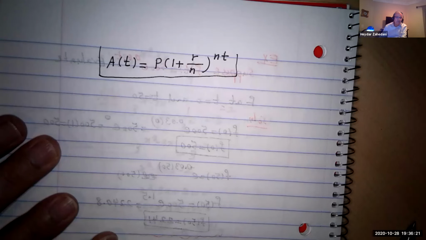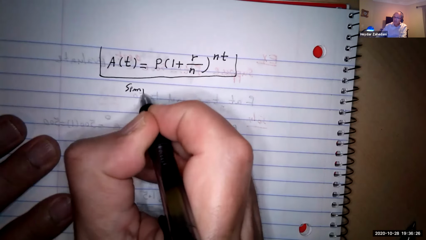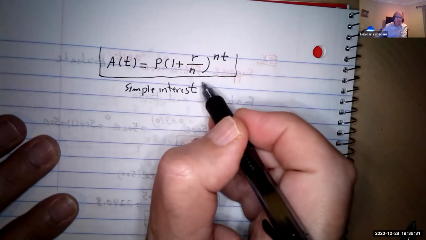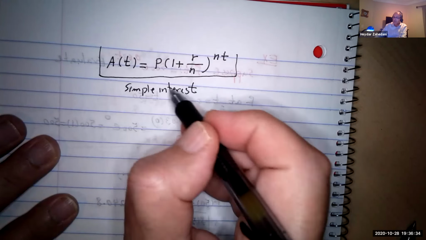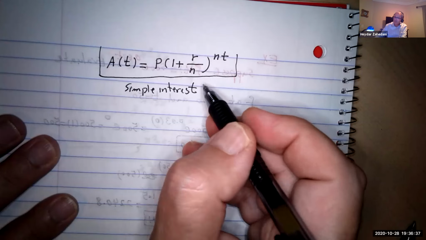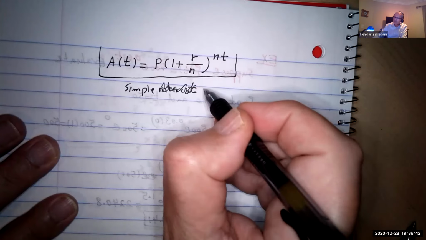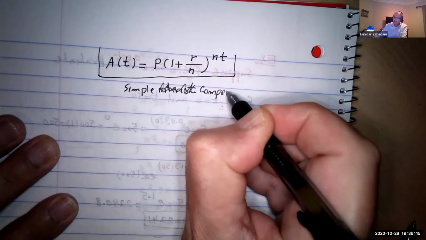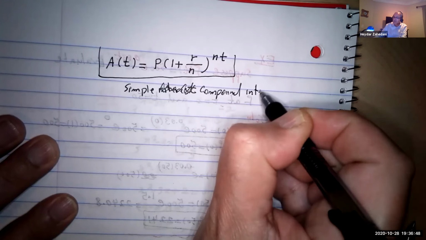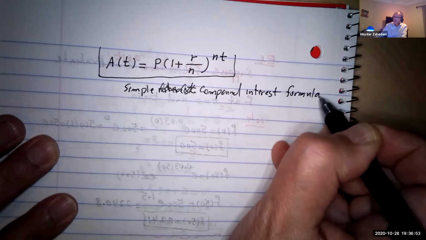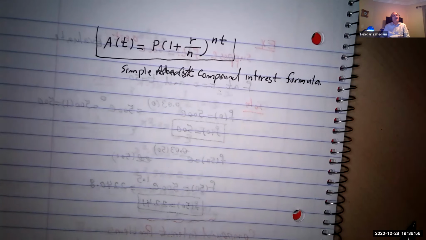They call this the simple compound interest formula. So if you are given the number of times that you compound it, you have to use this formula.